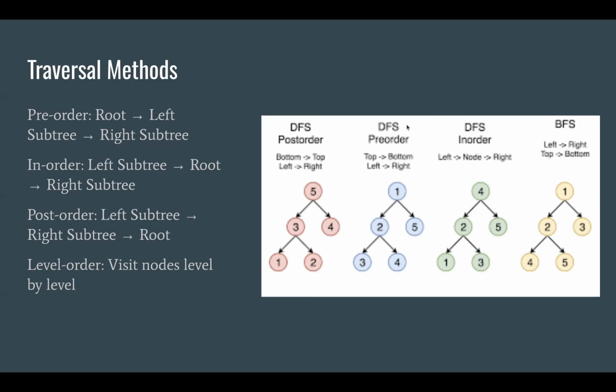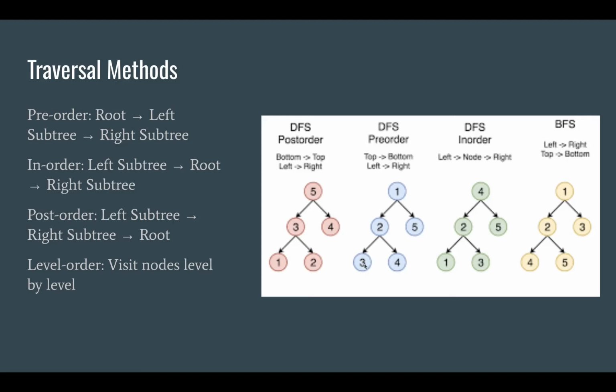So if we look at this pre-order, the numbers are assigned in the order in which this traversal method visits the nodes. We visit the root first as 1, then we go to the left subtree, 2, and in the left subtree we visit the root and then the left subtree.